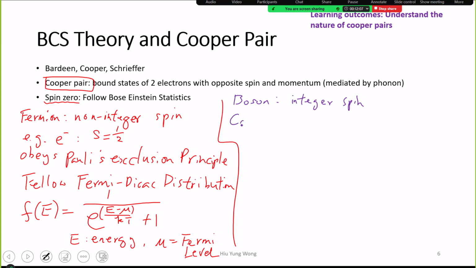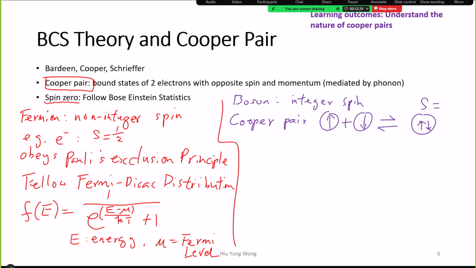And Cooper pairs, which is one electron spin up plus another electron spin down, like a chemical reaction, becomes a pair of electrons which has zero spin. It is a boson.